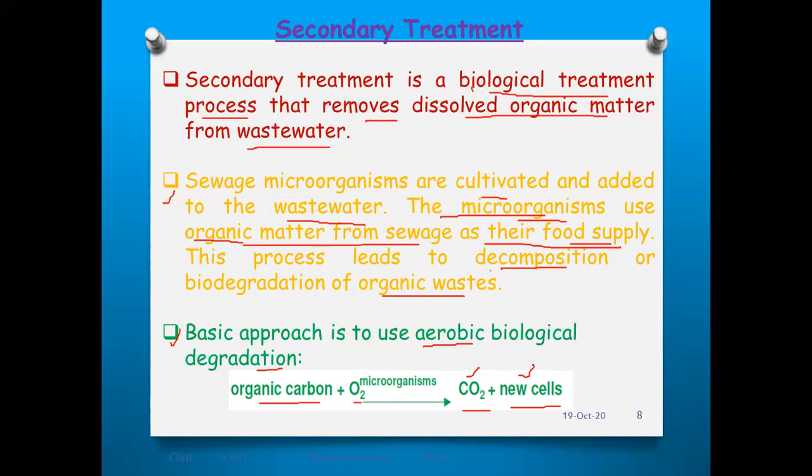So that is the meaning of the aerobic biological degradation process, in the presence of oxygen. That is the meaning of secondary treatment. Keep this slide or this topic in your mind till you go to 4.2. Very simple and straightforward definition of this secondary treatment process. Okay.